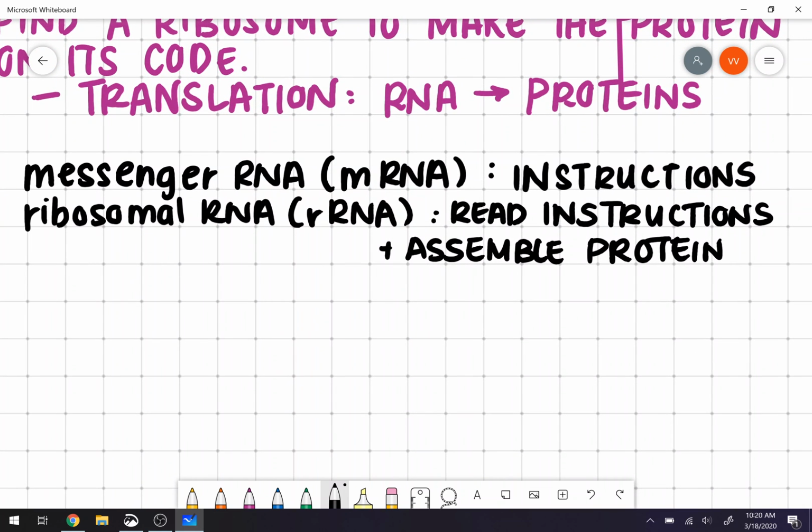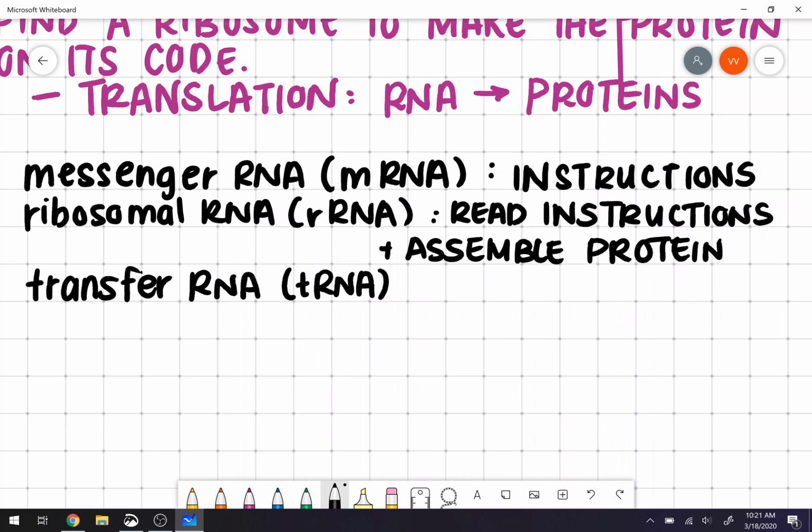Oh my gosh. Okay. And then we have our transfer RNA, otherwise known as tRNA. And it brings the materials to build the proteins.